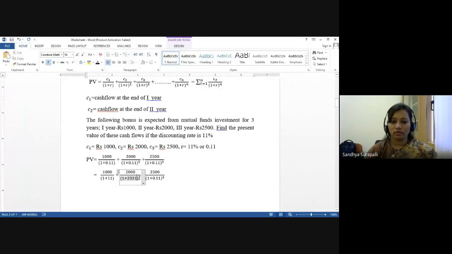Then cubed, 1.3676. Now find out the present value of each. 1000 divided by 1.11, how much?